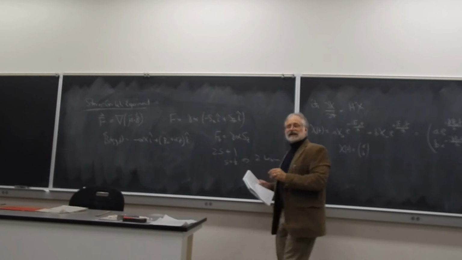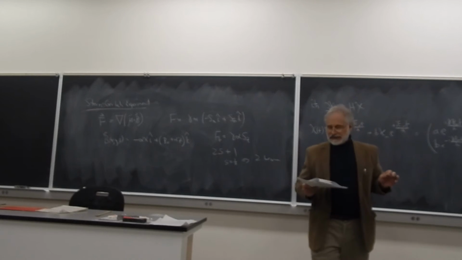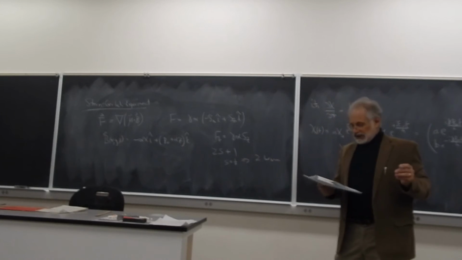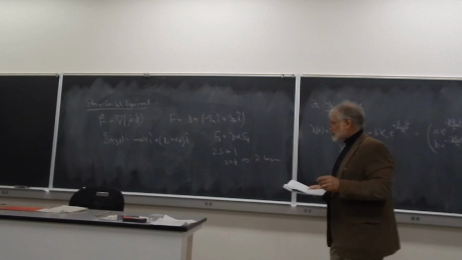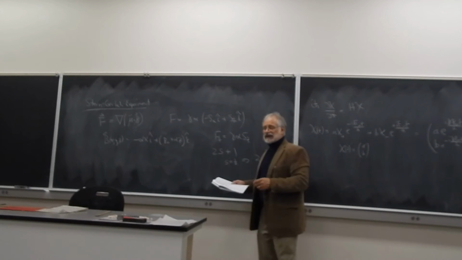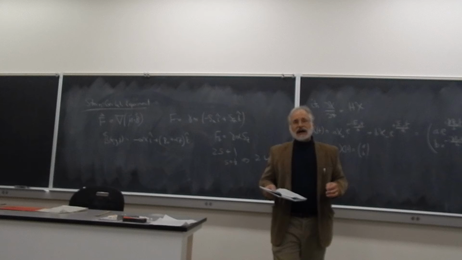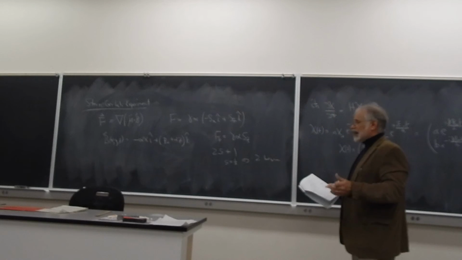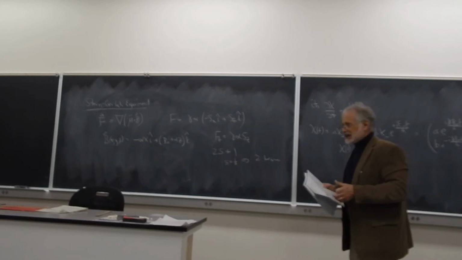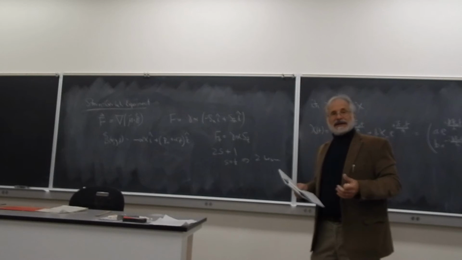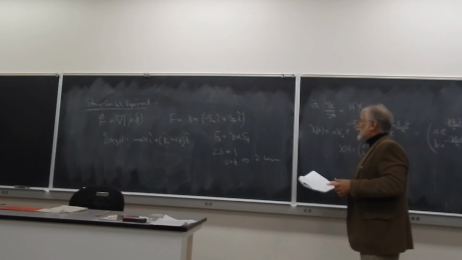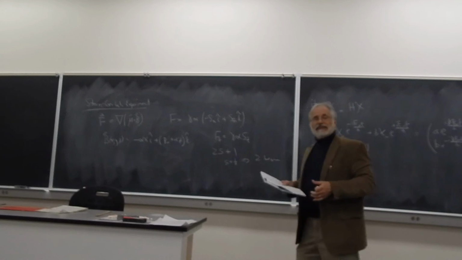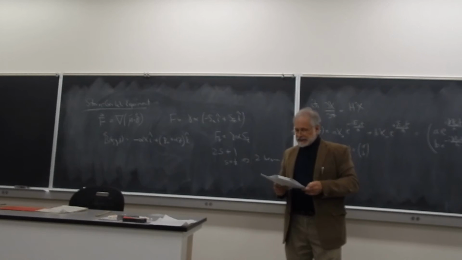And that's exactly what was observed by Stern and Gerlach. And so this was the motivation to incorporate a quantum number, an entity called spin. And as you see, it has made all the difference.